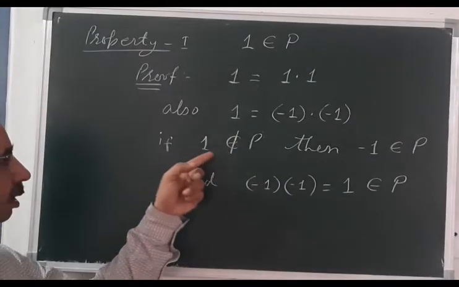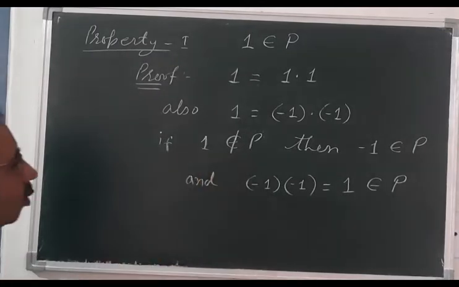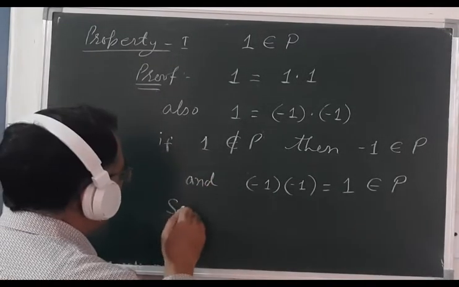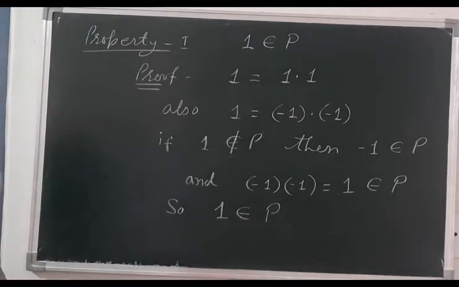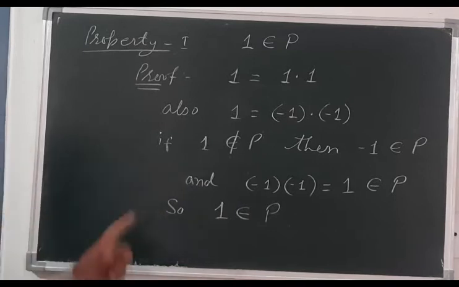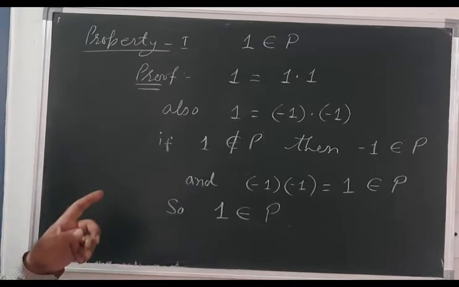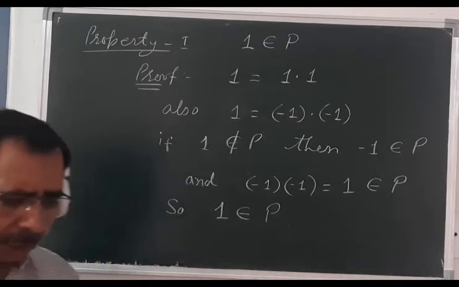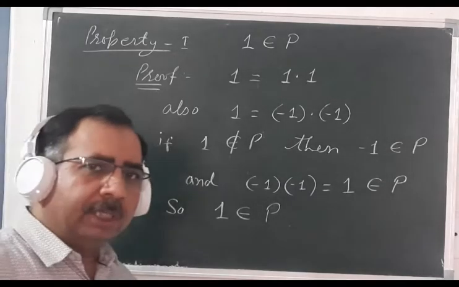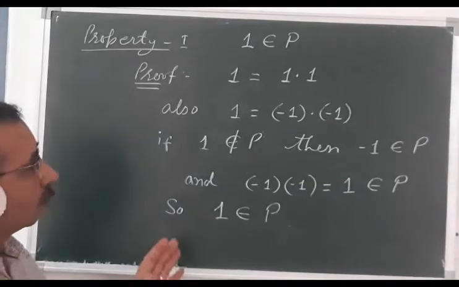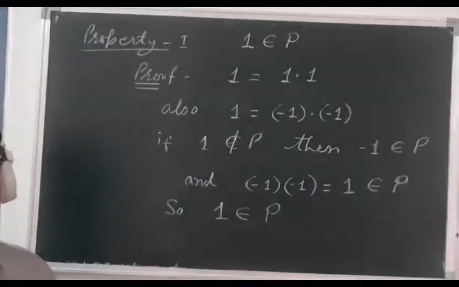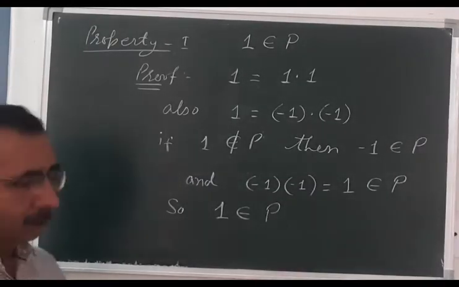So it means this step cannot hold. So 1 belongs to P. So I have proved that the multiplicative identity belongs to P.